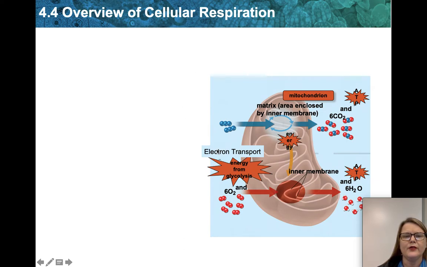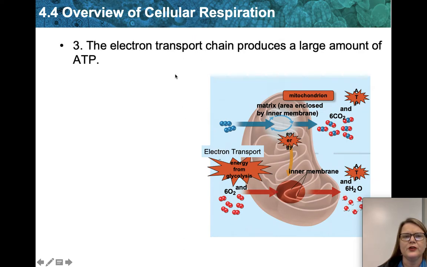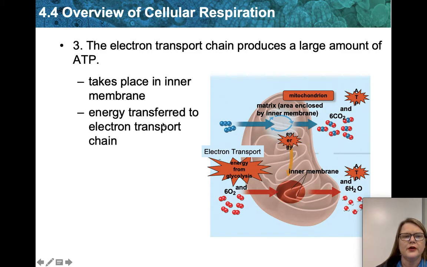And now we have the electron transport chain. This produces a large amount of ATP. This takes place in the inner membrane, so like in the membrane itself. Energy transferred to electron transport chain.